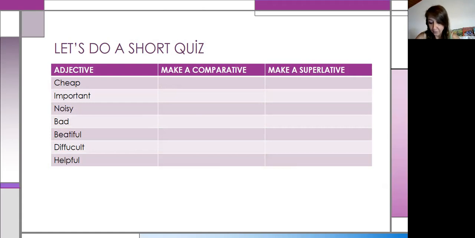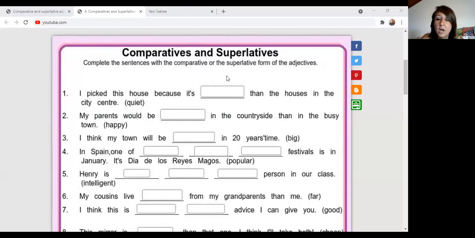I will share our exercise. Complete the sentences with the comparative or the superlative form of the adjectives. Okay, we are doing it together.